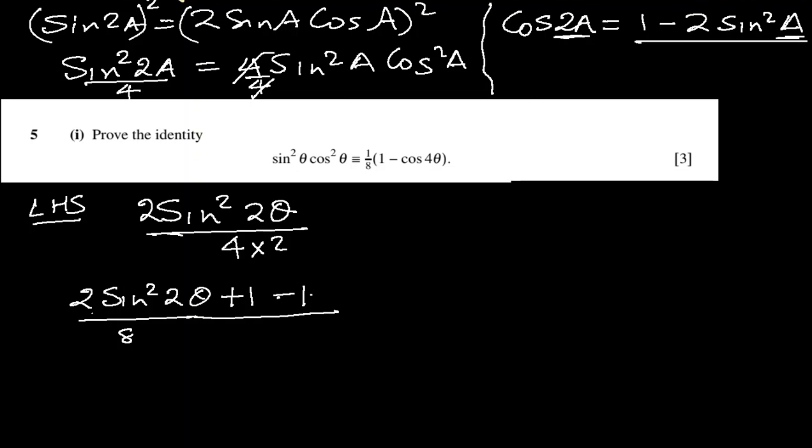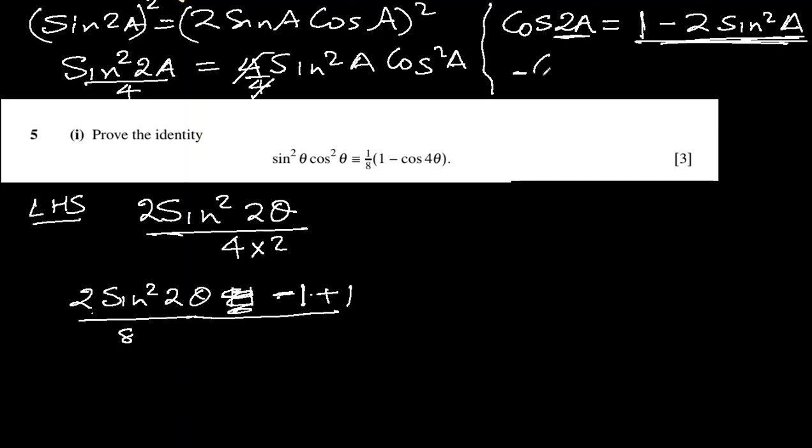Okay, so let me write minus 1 plus 1. Let's not write this plus 1 here so that it becomes easier to understand. 2 sine square 2 theta minus 1. It looks like this. Only difference is that 1 is positive here but 1 is negative here. 2 sine square a is negative here. 2 sine square 2 theta is positive here.